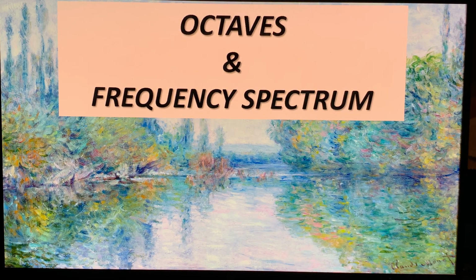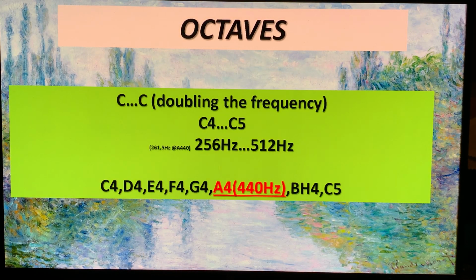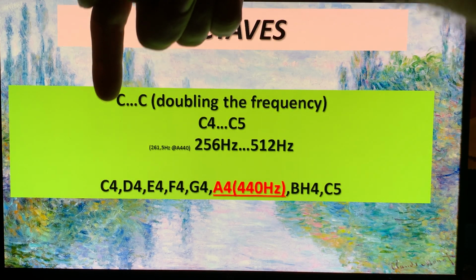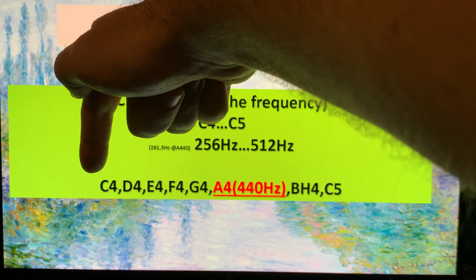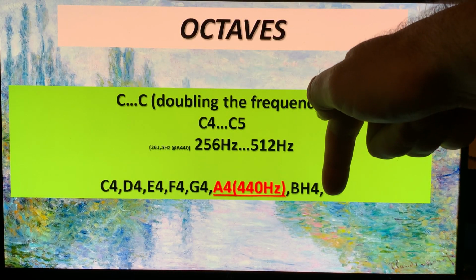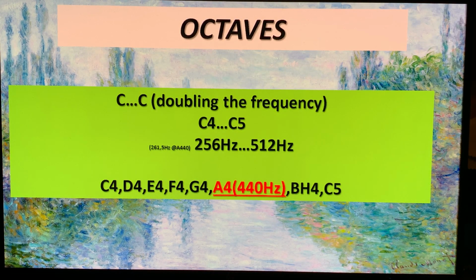So let's go back to our video, and all the music notes that we hear that are in the scores are organized into octaves. And what on earth is an octave? An octave literally means 8 sounds, 8 notes. And it covers a frequency range that goes from a certain frequency to double the frequency.